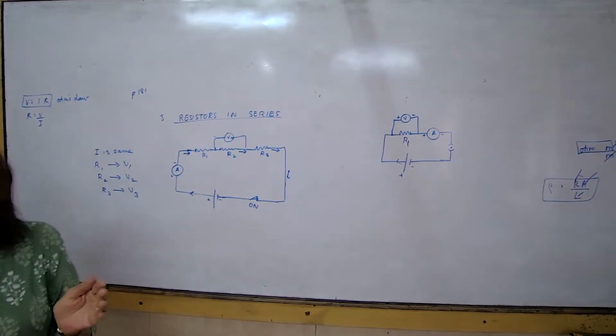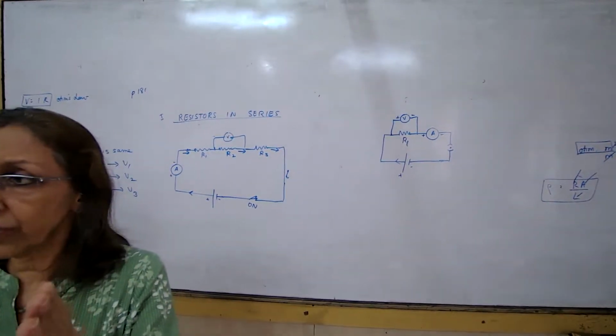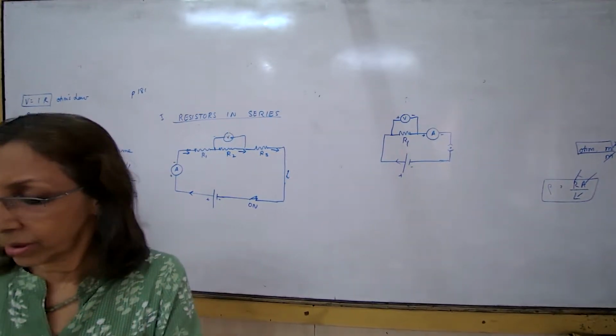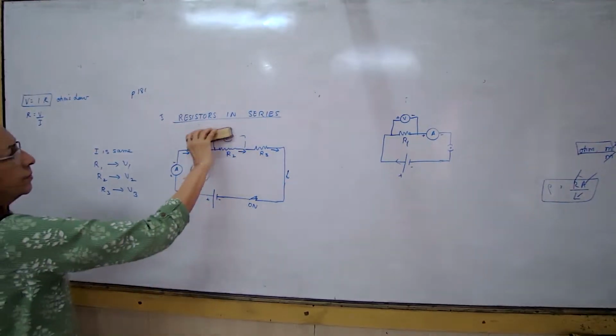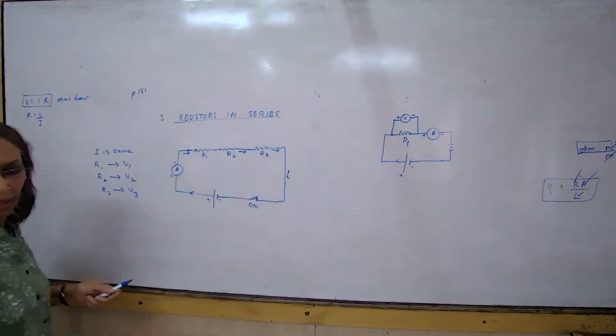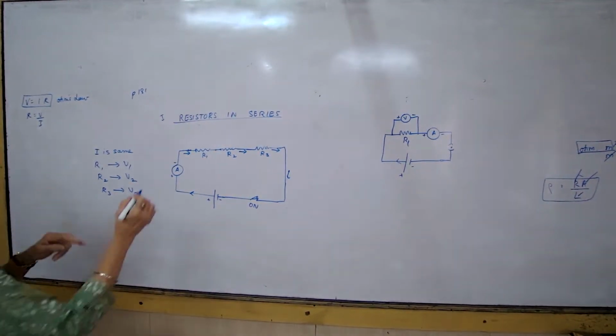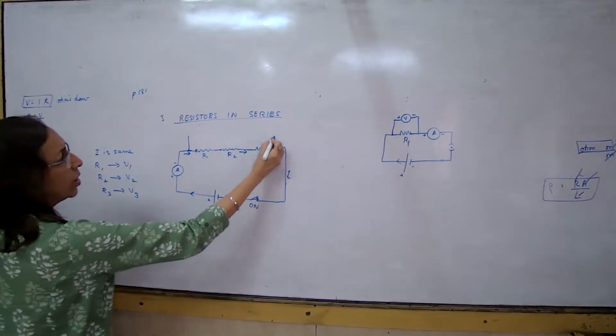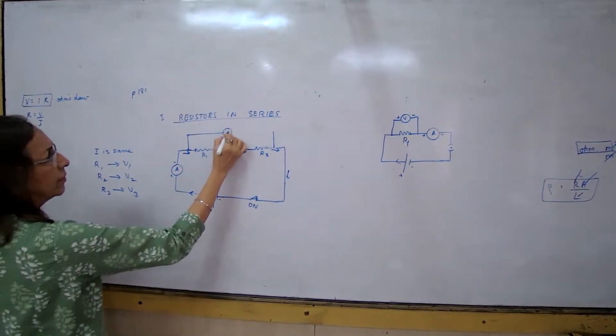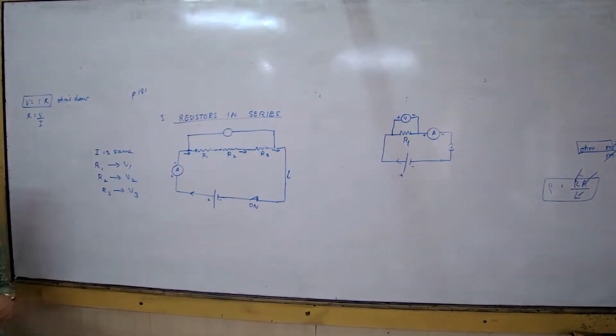Now I want to find out the potential difference across all three of them. So what will I do? See here. I'll take it out and put it across all three of them. Did you see the diagram here?